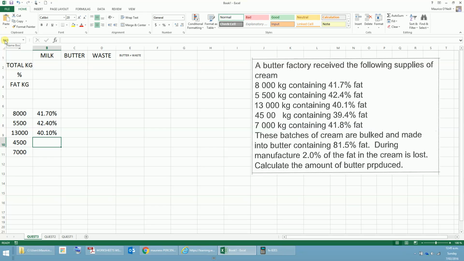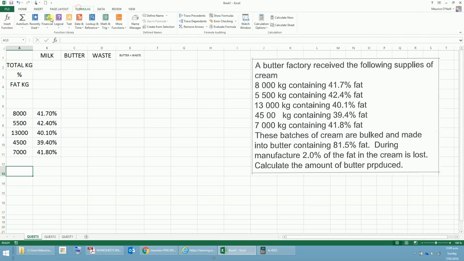This one here's 39.4%, and this one here is 41.8%. Okay, so let's just do a little total here, formulas, so that's just adding them up.